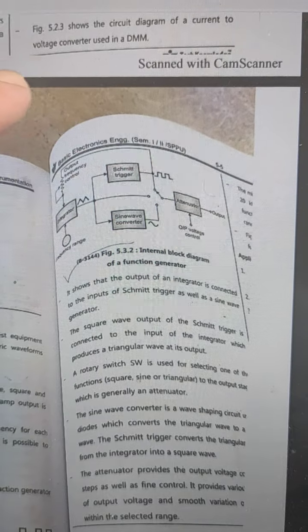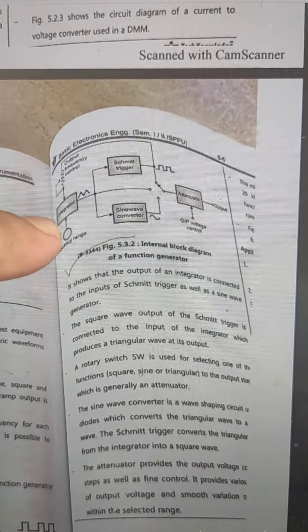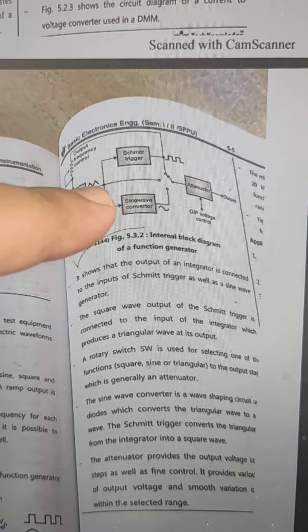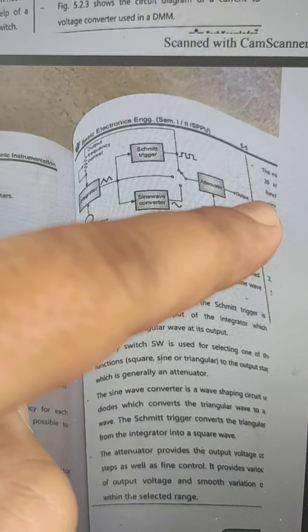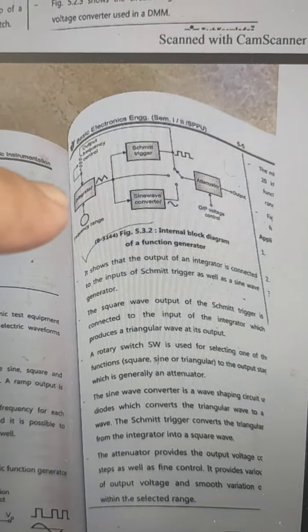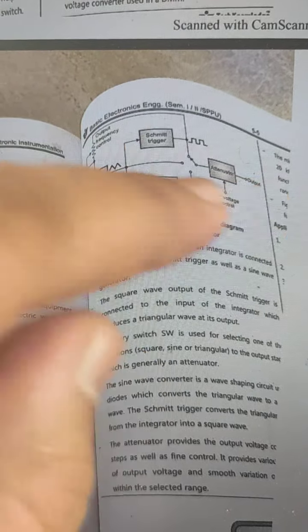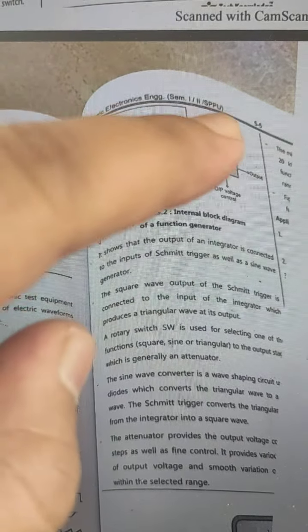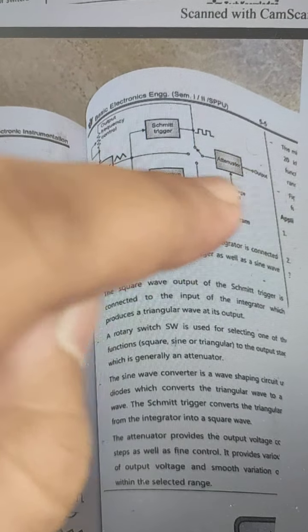That square waveform is applied to the output side, and again applied back to the integrator. The integrator will convert that square waveform into a triangular waveform, and that triangular waveform is taken at the output side.